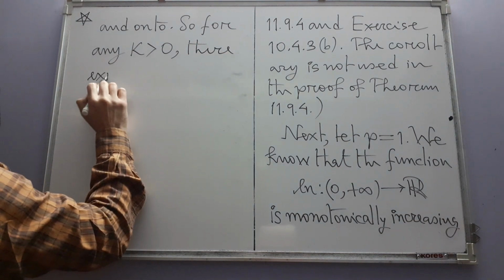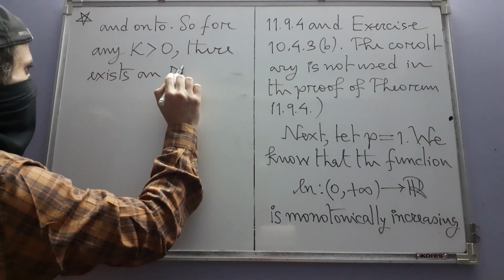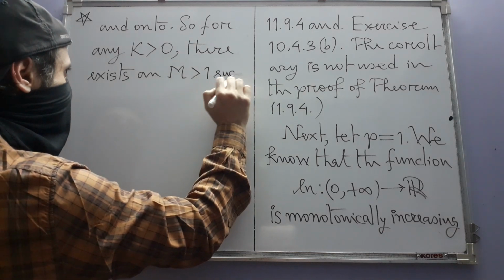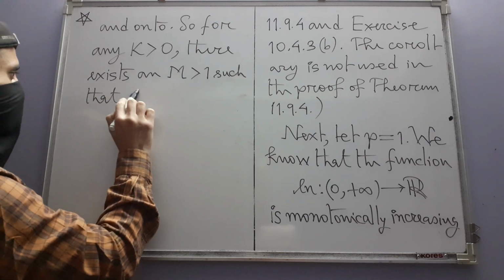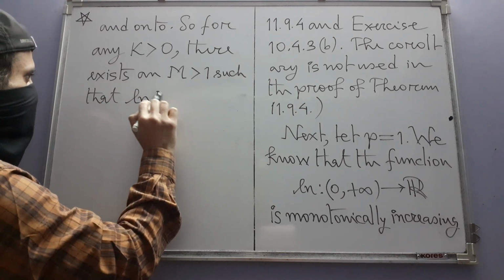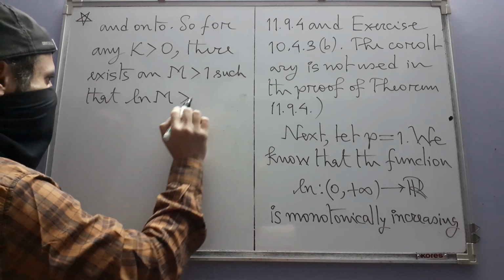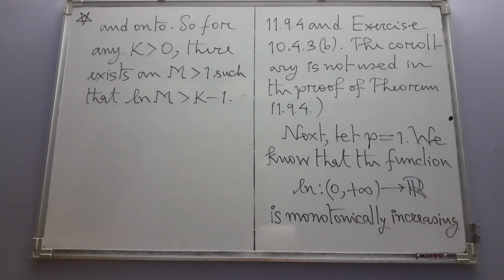there exists an m greater than 1 such that the natural logarithm value of m is greater than k minus 1.